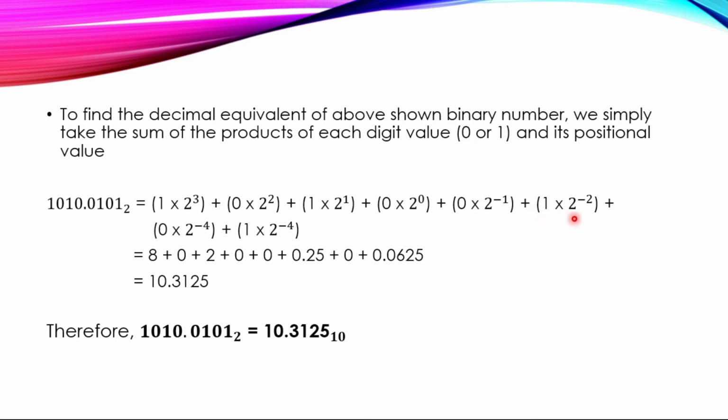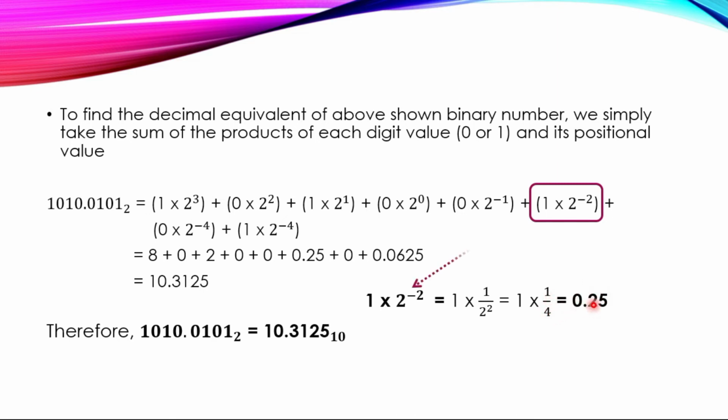Now I will explain how to calculate the negative raised-to term. Here, 1 into 2 raised to minus 2 is evaluated as 1 into 1 upon 2 raised to 2, that is the reciprocal of the number, which equals 1 into 1 by 4, which is 0.25.